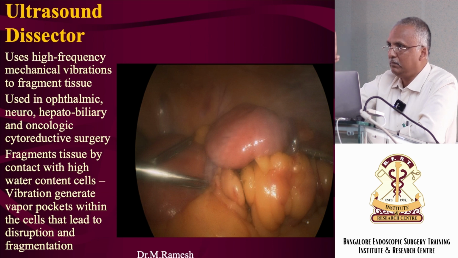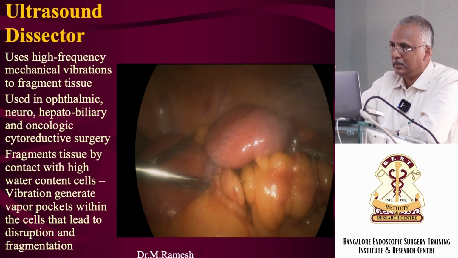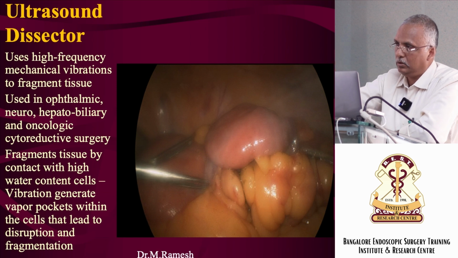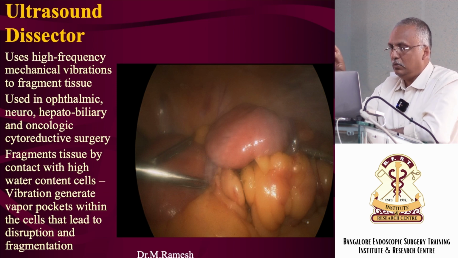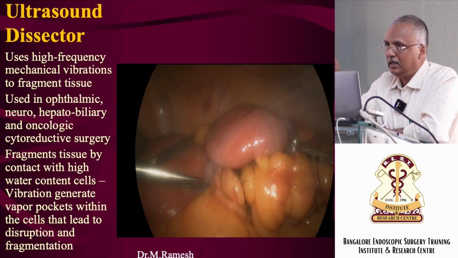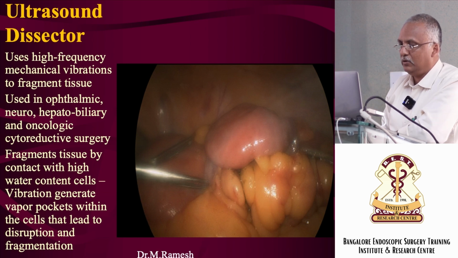So you can see them, you can apply clips, you can tie them, ligate them, do all that. So wherever you want to do a liver resection, you just pass the dissector, touch it there, scatter off the cells and then deal with the structures which are dangerous and you have to ligate them.